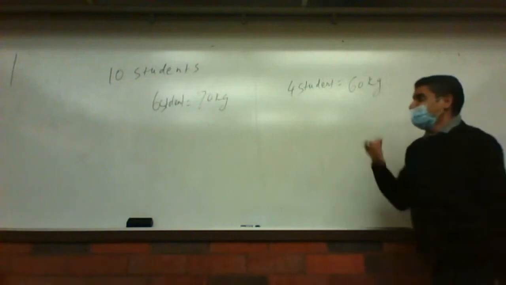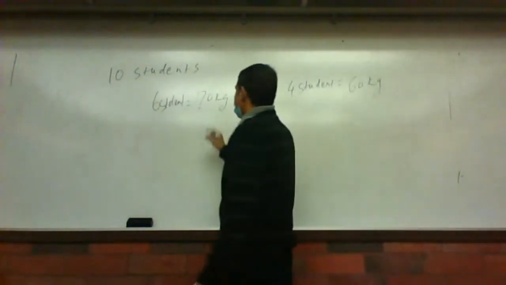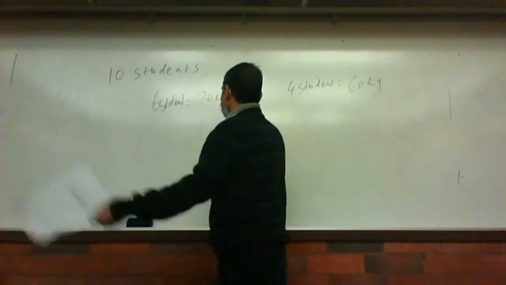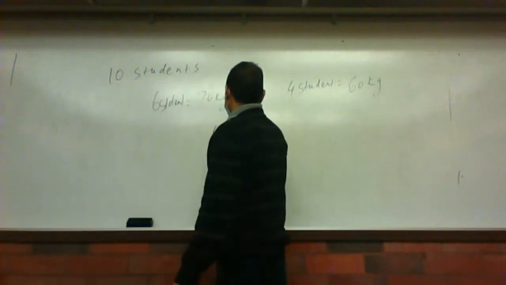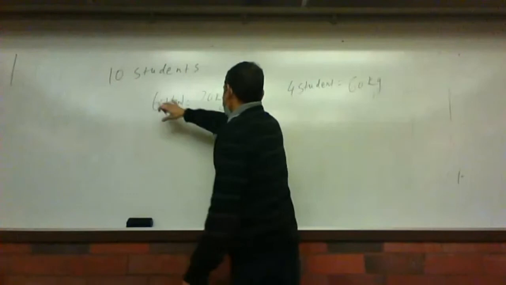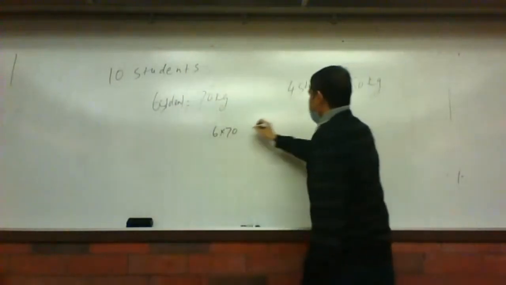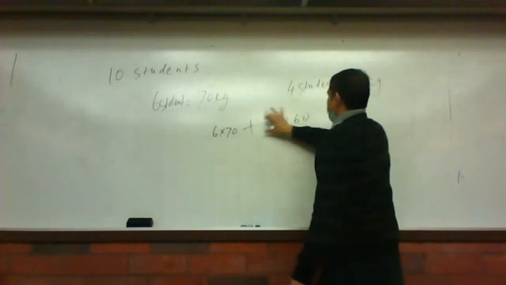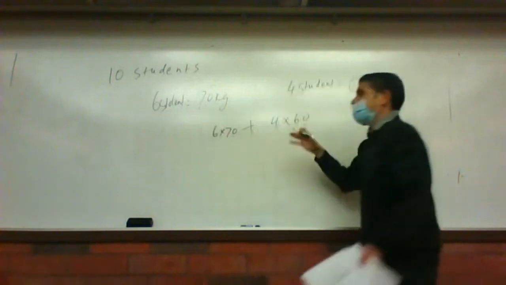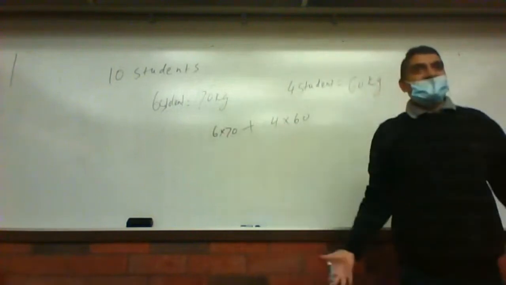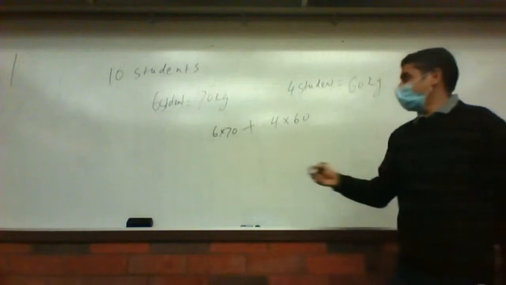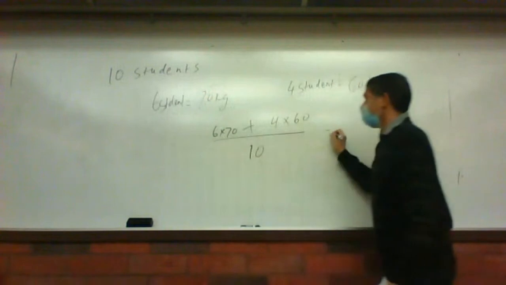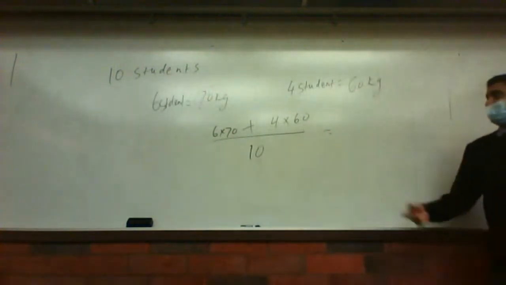We would do something like this. 6 multiplied by 70 gives the total mass of these students, plus 4 multiplied by 60 gives the total mass of those students. This plus this gives the total mass of all students, right? Then to find the average, I divide by the total, which would be 10.